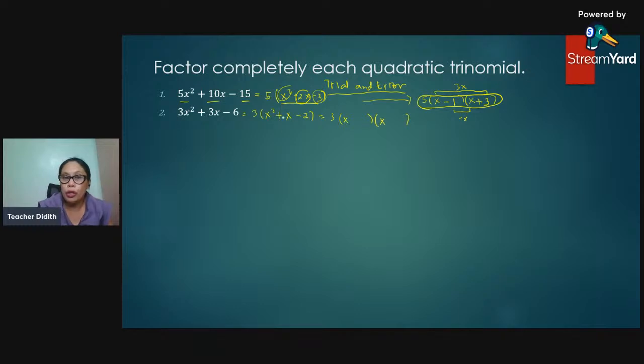We have to work on the middle term. The middle term has a plus sign. If you remember, in adding unlike signs, we do subtraction, and then we consider the sign of the greater value.